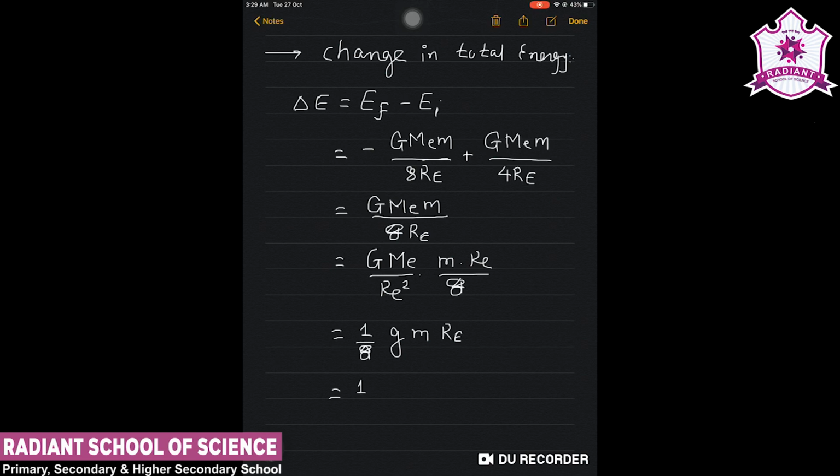Now we get 1 by 8 into 9.8, then mass is given, 400 kilogram, and the radius of Earth that can be taken as 6.37 into 10 to the power 6. Now when we simplify it, we get the energy, that is 3.13 into 10 raised to 9 joules. So that would be the total change in the energy.